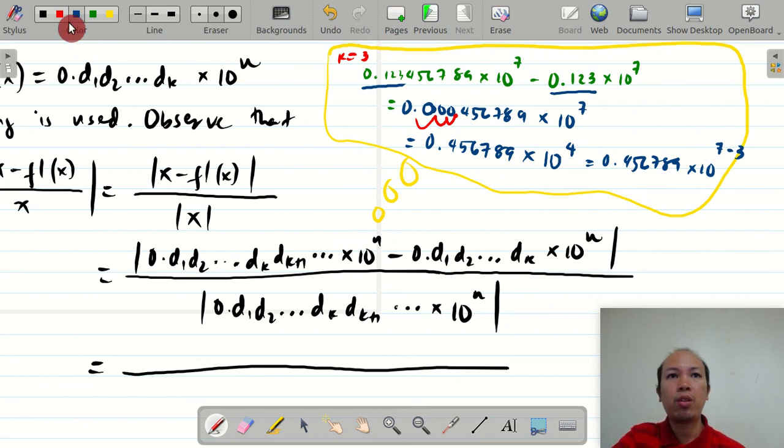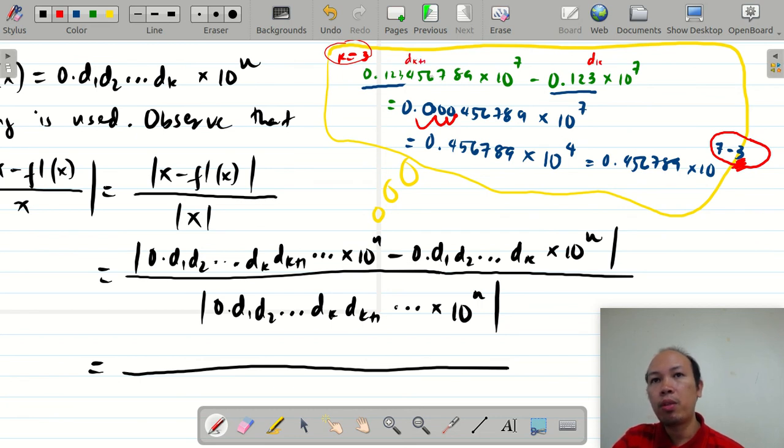And if you recall, this exponent here, especially this 3 here, is our k. Okay, that's our k. So meaning to say, and also before I forget, this is our d sub k, and this is our d sub k plus 1.